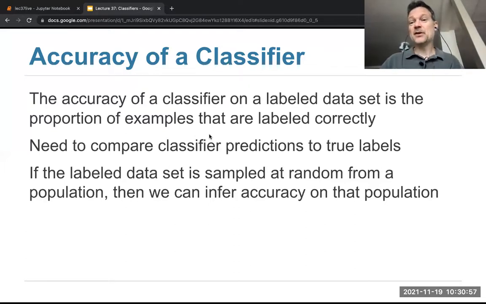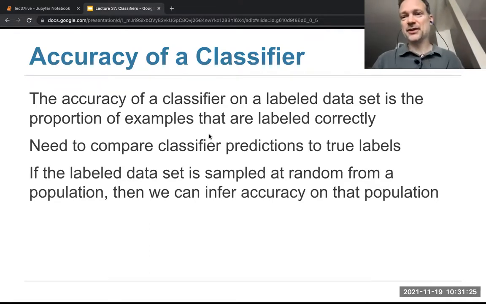So if I got 80% accuracy on the test set, then I'm going to estimate it's probably about 80% accurate on the entire population. And of course, accuracy on the population is what we ultimately care about. So this is how we evaluate the accuracy of a classifier: we get a test set that's sampled at random from the population where we know the correct class, and then we compute the proportion that's correct on the test set.